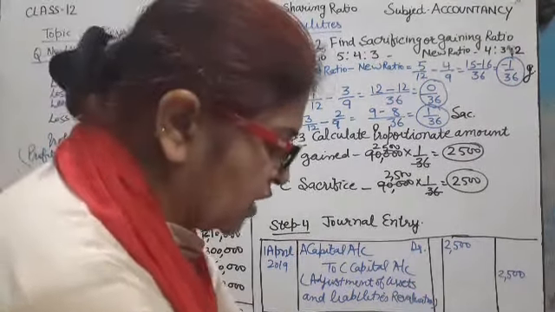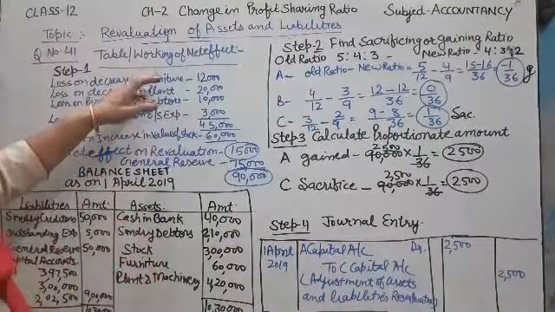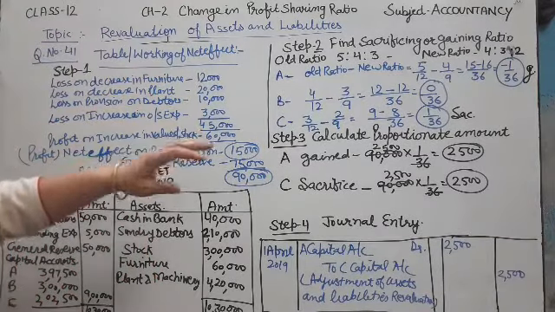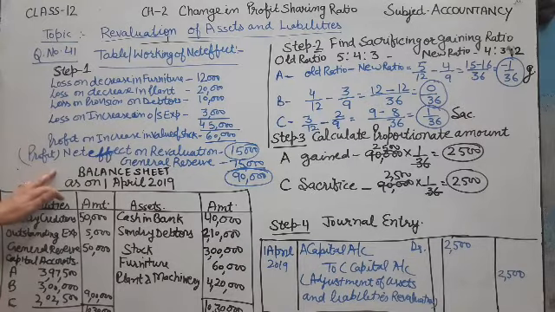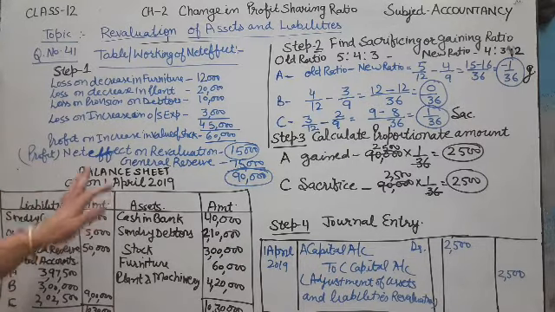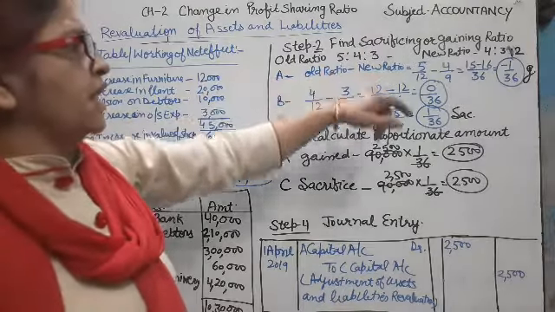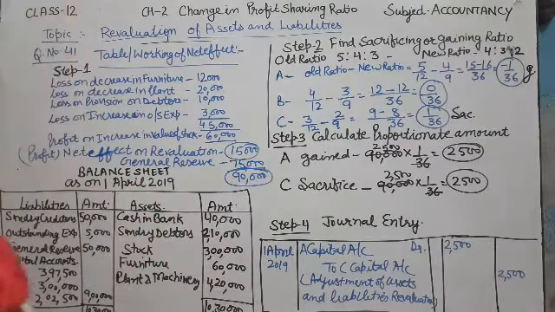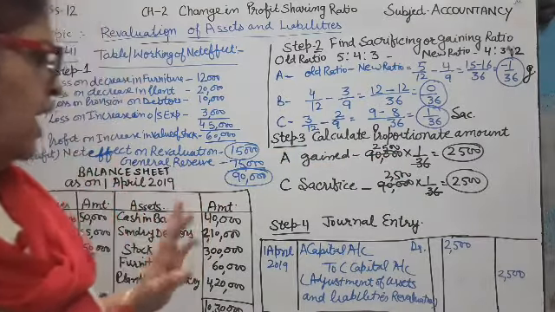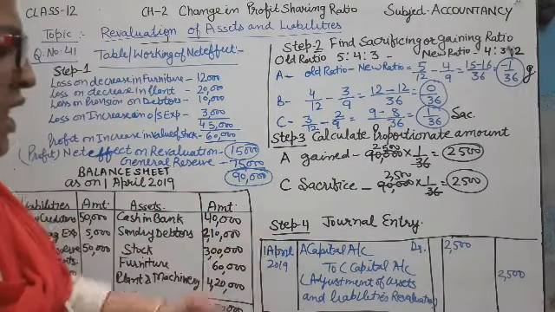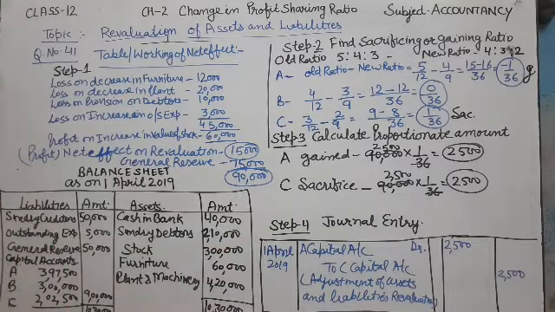And in the question also, when the partners do not record the revised value in the books, first of all we find the net effect of the increase and decrease value of assets and liabilities with the help of table or working note. After that, second step, find sacrificing or gaining ratio, and step number 3, calculate proportionate amount, and fourth step is give the journal entry.